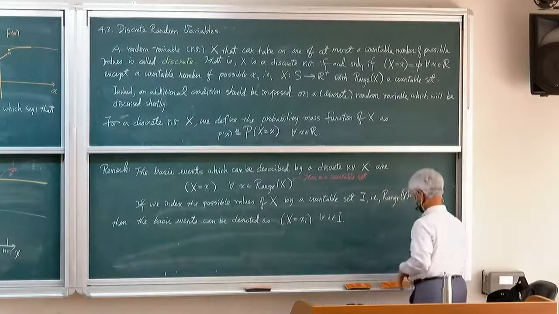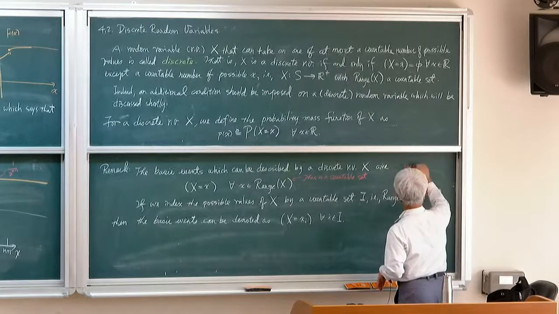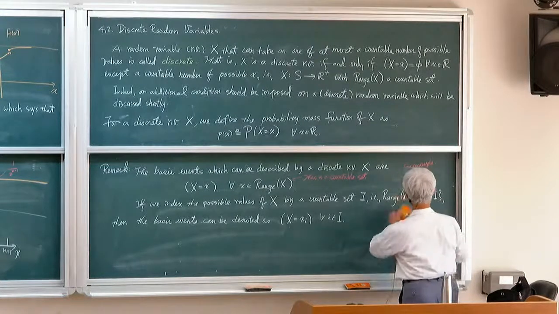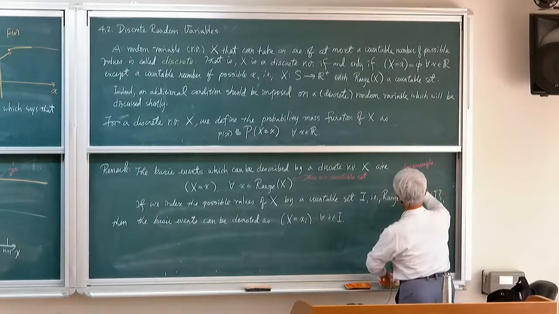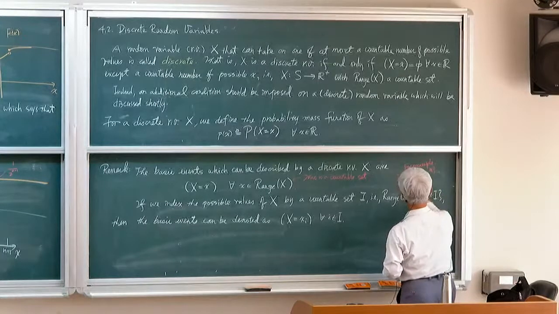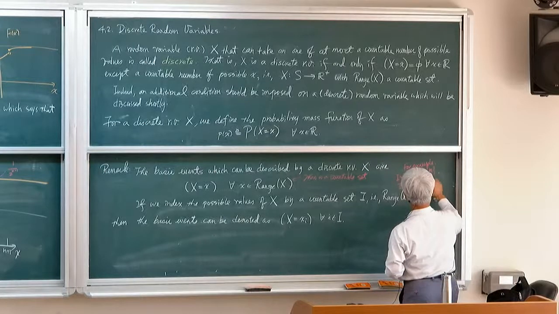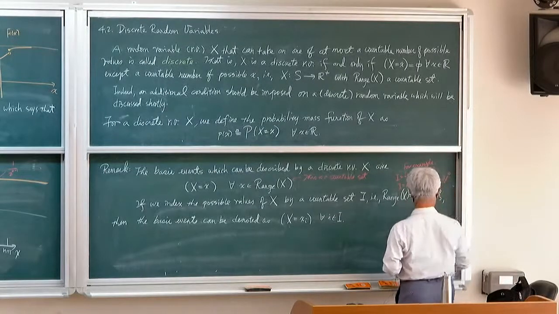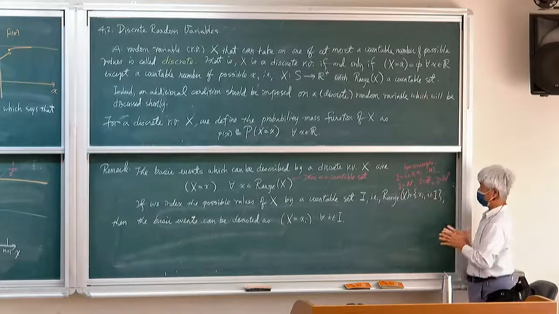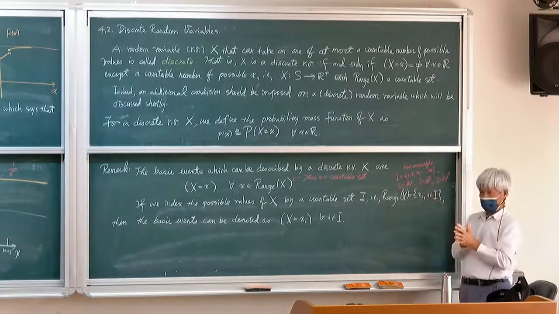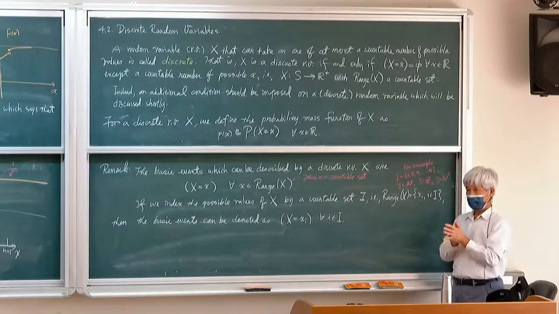Or I can be the set of all positive integers, 1, 2, 3, 4, 5, etc. Or I can be the set of all integers, positive, negative, and 0.